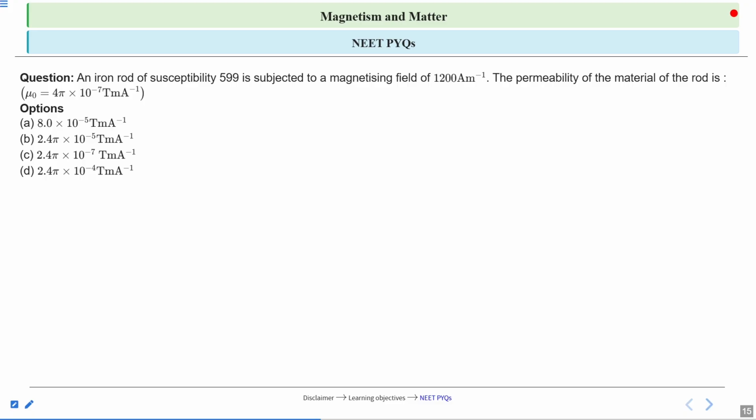Chi is given, and the magnetizing field H is also given, 1200 ampere per meter. You have to find the permeability mu of the material of the rod. I will give you some time to solve it.